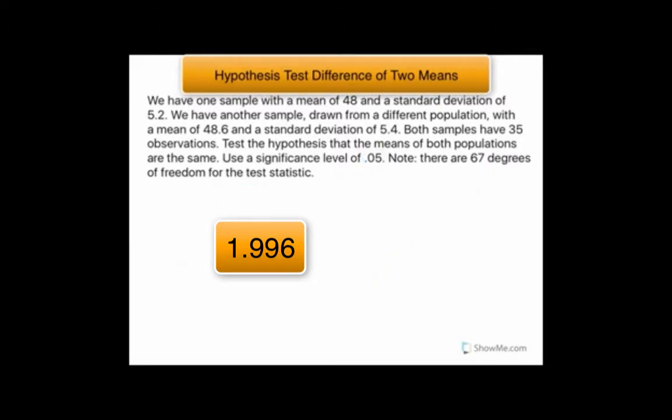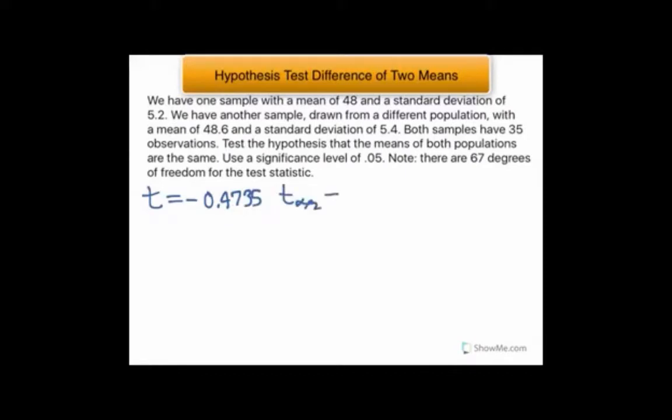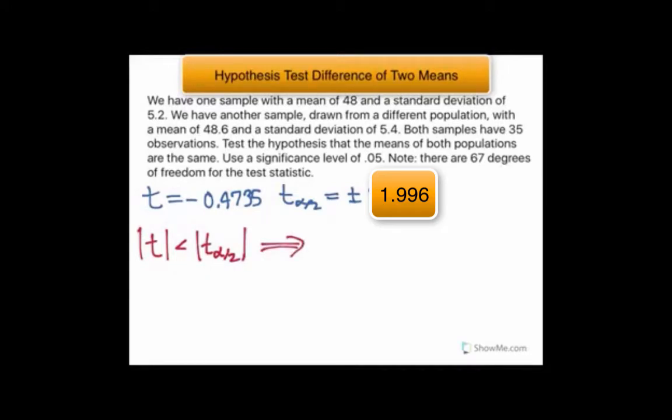Okay, so finally we'll make the conclusion. So our t was negative 0.4735. Our critical t-value was plus or minus. And the decision rule for a test like this is, okay, if the absolute value of your test statistic is less than the critical t-value, and I put this absolute value to say we want the positive critical value, this means you fail to reject the null hypothesis.